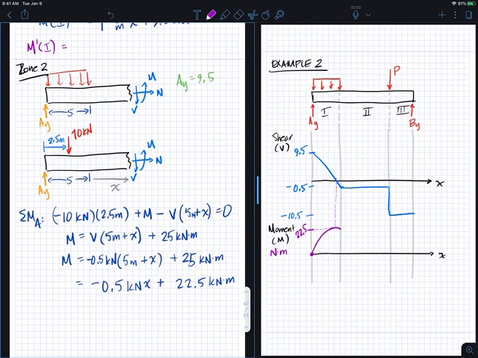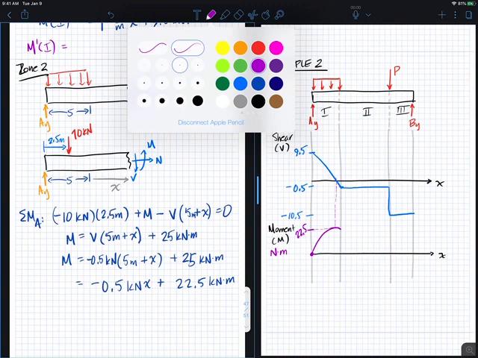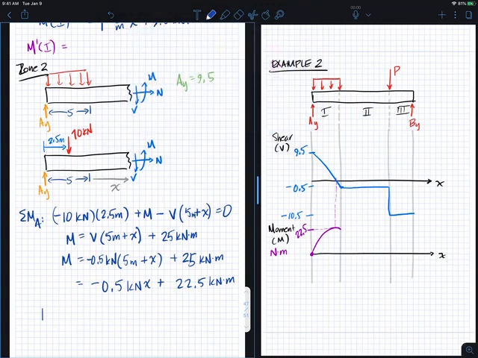And again, if we start substituting in, it doesn't matter if you come from the left or the right, you'll get the same answer. These should be continuous functions here. And I have a negative slope. And so if I let x go all the way over to 8, for x equals 8, I should get that the moment is equal to 21 kilonewton meters.